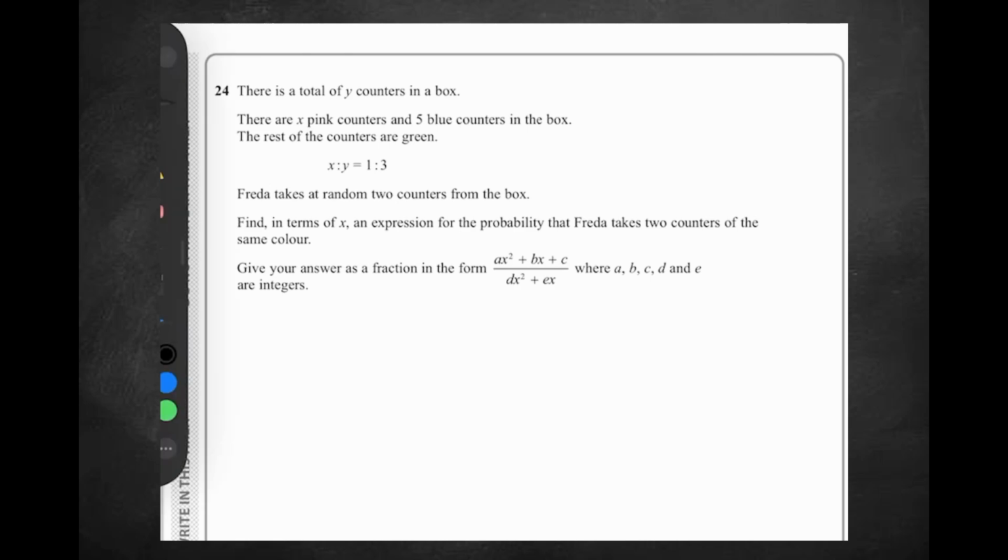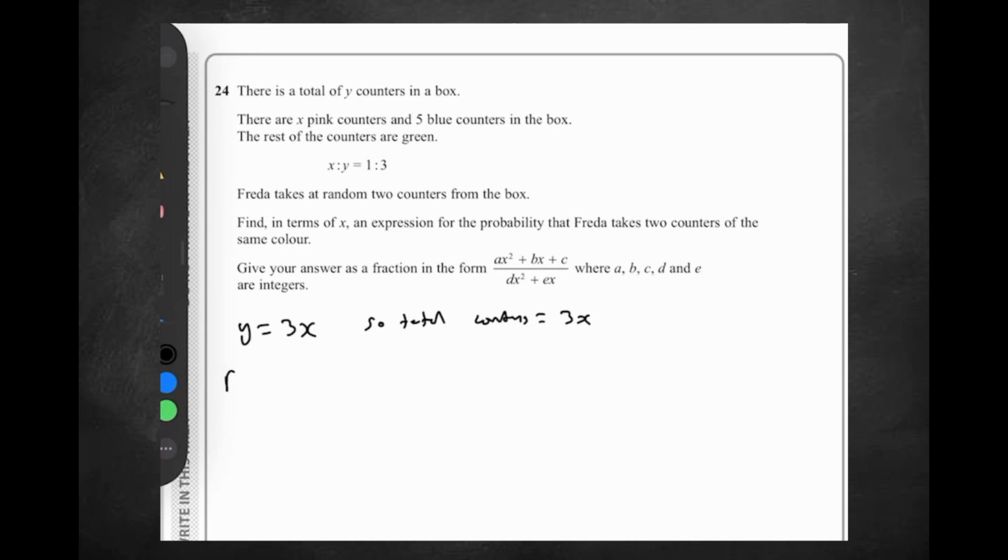Since we know that x compared to y equals 1 compared to 3, and y is the total number of counters in the box, we know that y equals 3x. So the total counters is 3x.